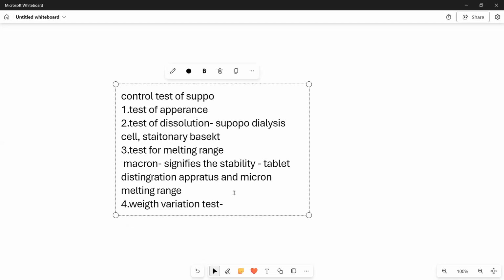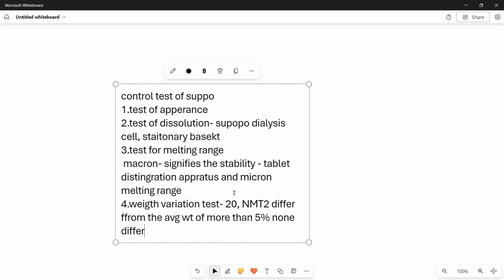The number of samples taken for the weight variation test is 20. Twenty suppositories are taken, and not more than two should differ from the average weight by more than 5%, and none should differ from the average weight by more than 10%.